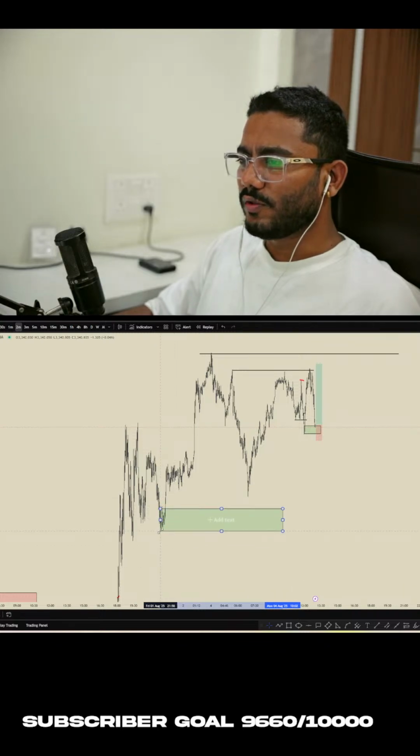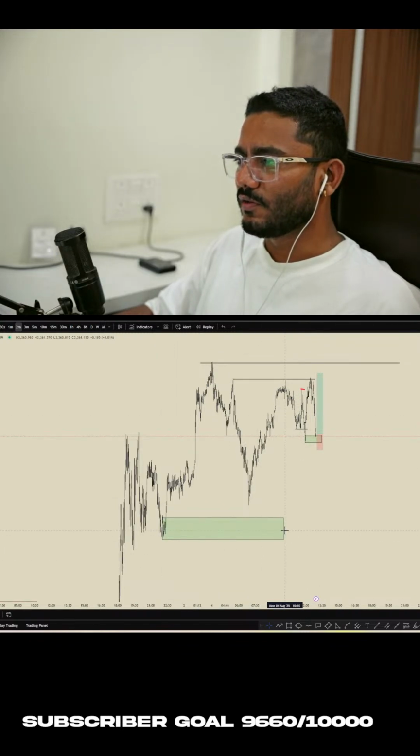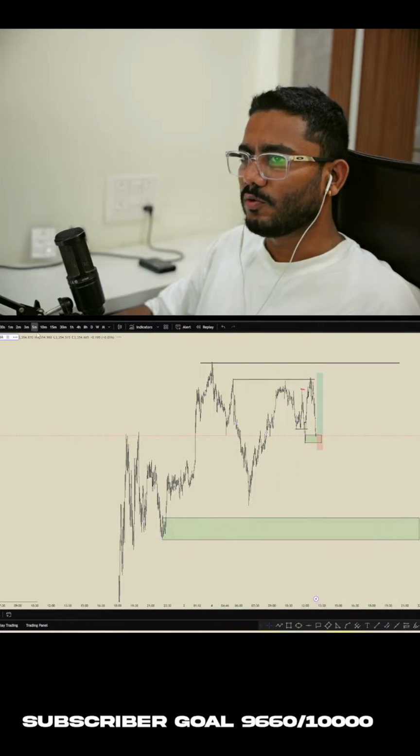So we have two zones. So we will divide the risk. First, this one. The second order block is here.